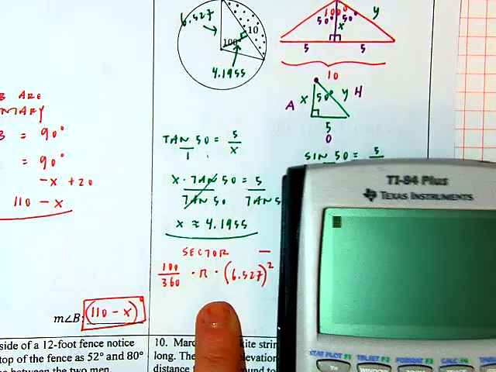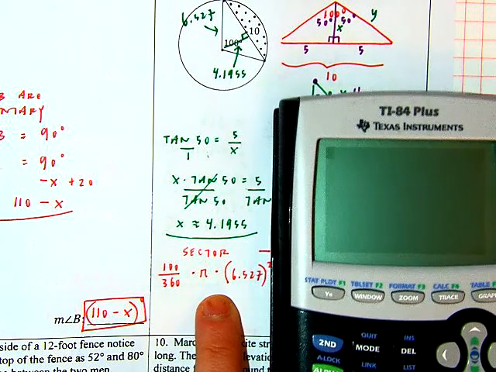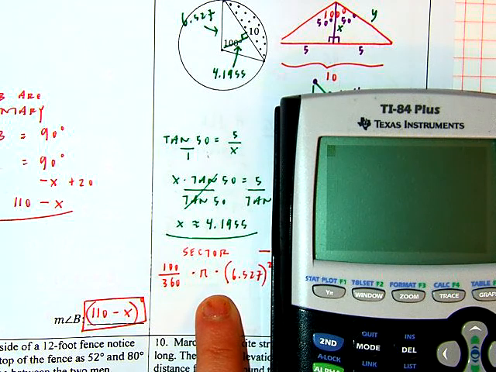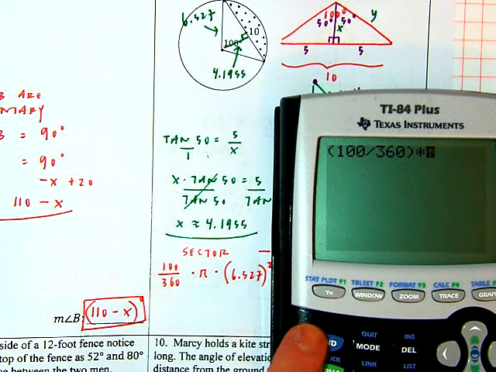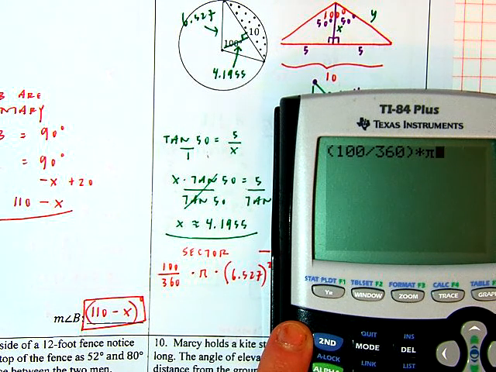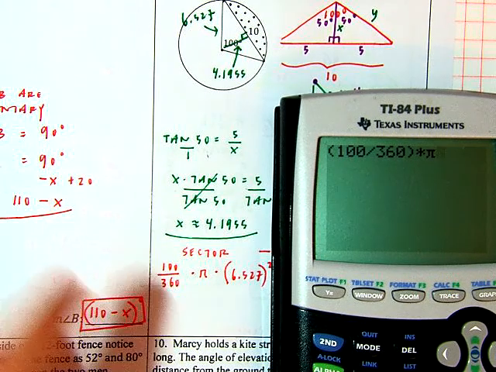So right here, this first part on the left, I'm looking at 100 divided by 360 times pi. So for this calculator, second and caret, there's my pi. I'm plugging in for pi. This is one of the only times I let you plug in for pi.